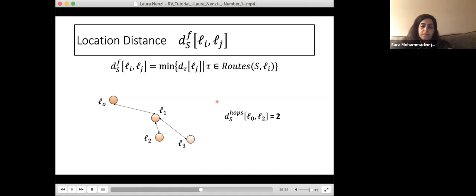So for example, taking the previous example, if we look at the location distance from L0 to L2, considering the hops distance and all possible routes, in this case we have just the value equal to 2. But for example, if you add an edge that goes directly from L0 to L2, then this value will be equal to 1.